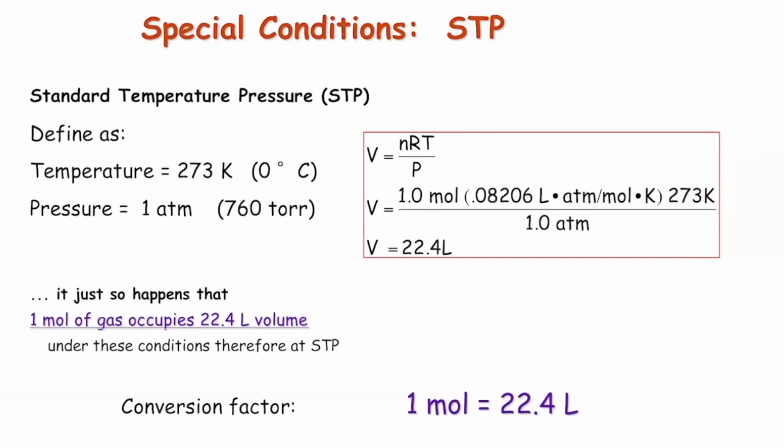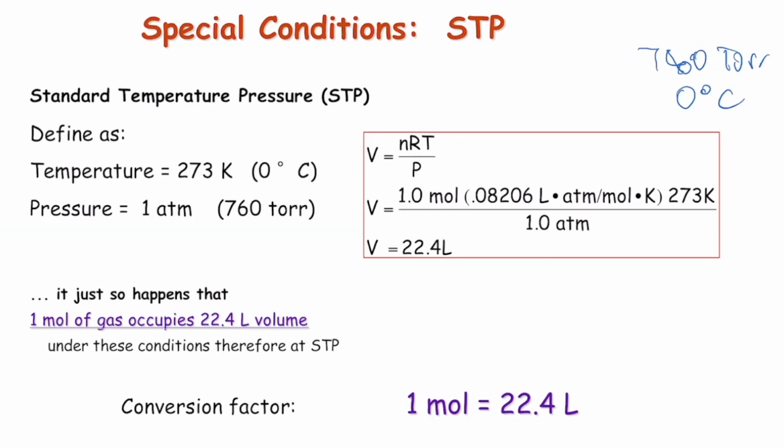Now, what I will do is I won't tell you that the condition is STP. I'll say, okay, here's a problem. You've got 760 torr, and you've got, say, 0 degrees Celsius. Right away, you should recognize 760 torr is 1 atmosphere. That's STP conditions.